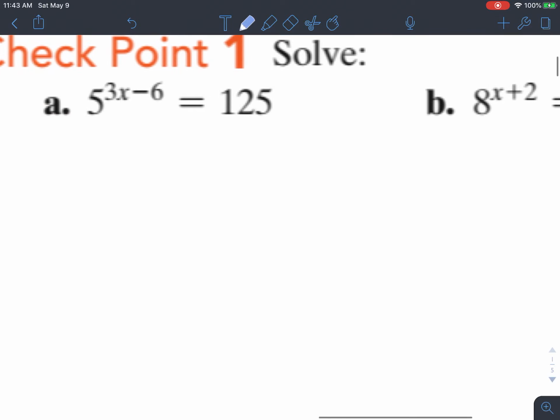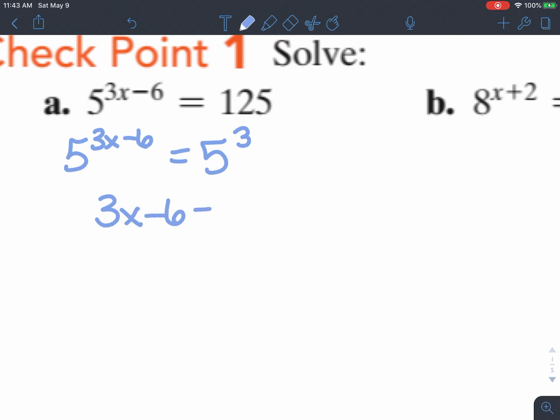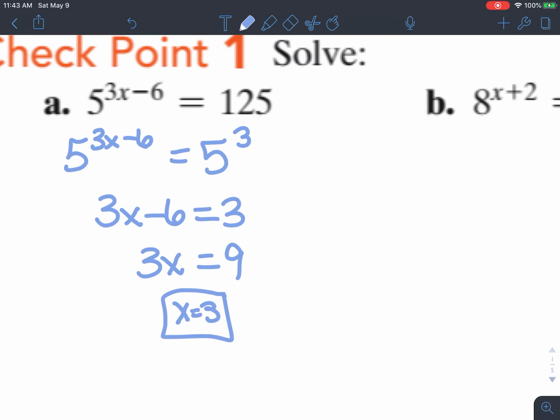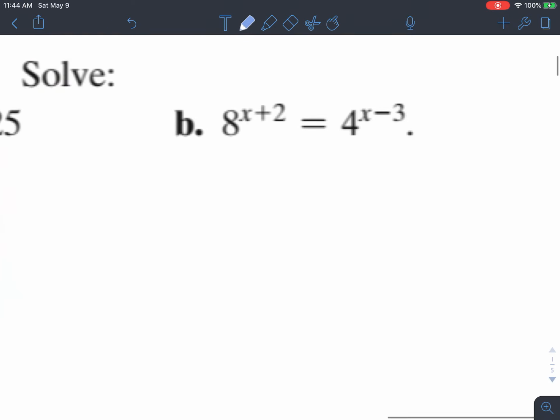Okay, hopefully you discovered that 125 is 5 to the 3rd. And you got x is 3. 8 and 4 can both be made into a base of 2.